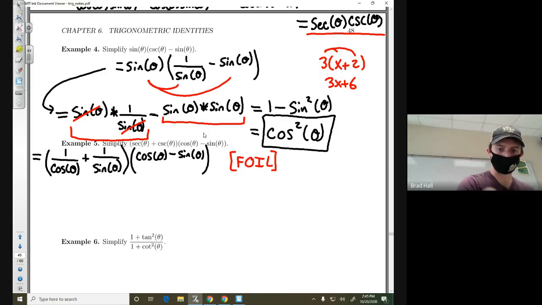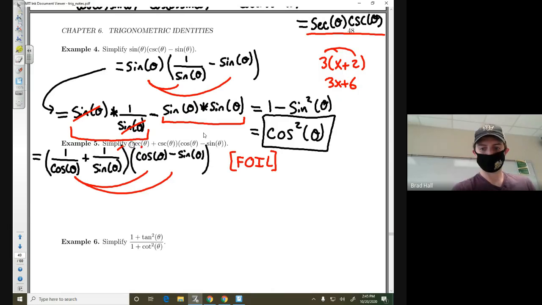It's not very fun, but we have to do it. Remember, it's an acronym that stands for first, outer, inner, and last. So I'm going to do all of that in order, and I'm not going to simplify anything.